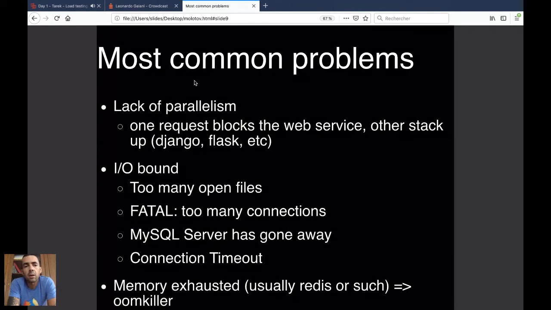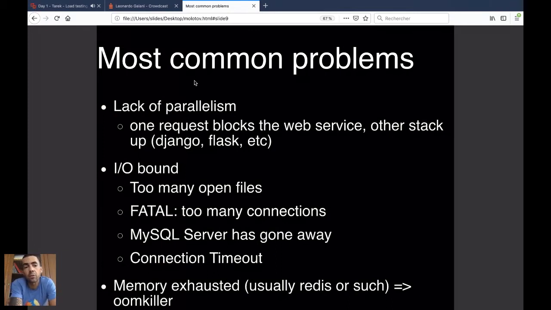And like I said before, most web services are just a thin layer that sits there and does some IO bound work, calling a SQL server, waiting for the answer and sending back the results after a little bit of serialization. And on those, when you do some load testing, you usually find issues in the pool of connectors you're using for whatever service you use in the web service.